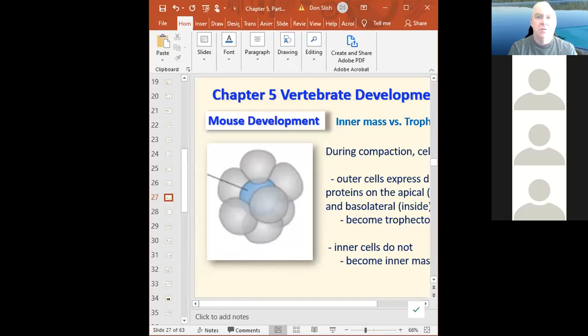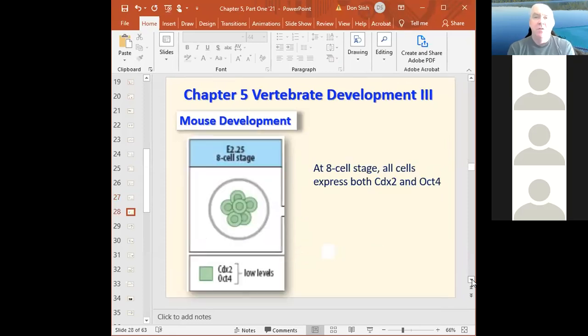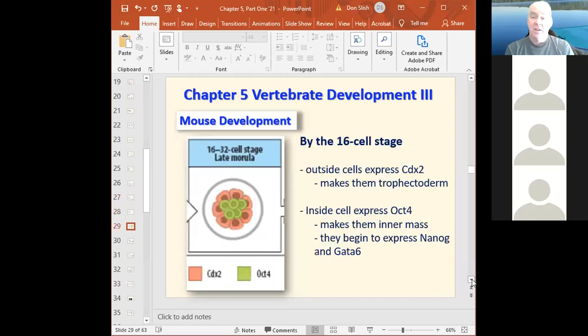Okay, so this is where we started last time, and it was a short one. Friday was a short lecture. Today's going to be a rock and roll lecture. So we started out with the mouse morula, about 8 cells. It starts to compact, and when it compacts, it ends up with cells that are all expressing CDX2 and OCT4. When it squeezes itself together, it ends up with inside and outside cells.